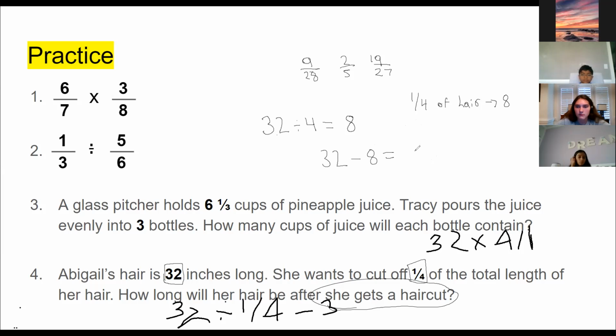So that will equal, let me see, 24. That's right. 24 inches. So let's write the answer at the top, and then we can see if we got it all right.